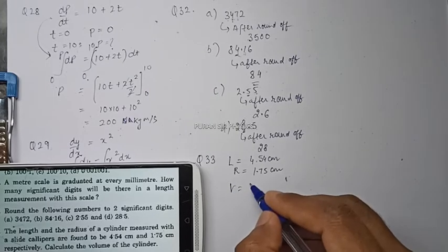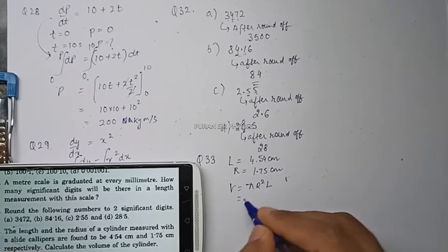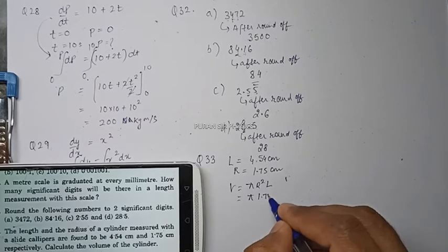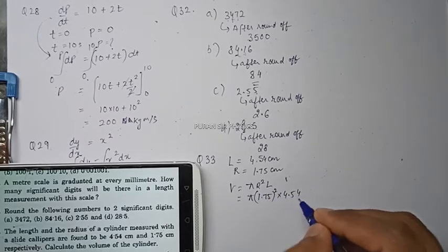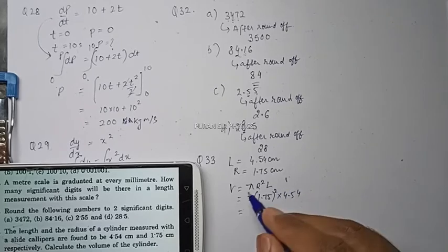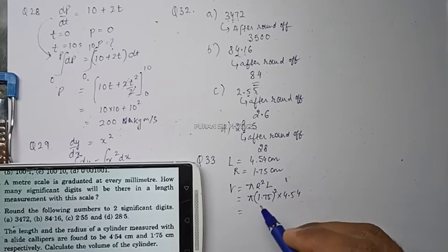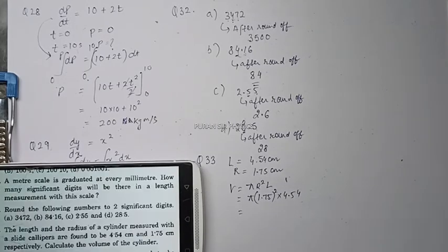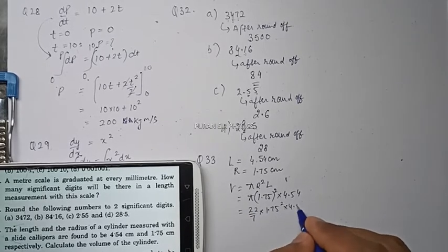So volume of a cylinder is pi r square into L, so it will be pi into 1.75 square into 4.54. Your answer should be in 3 significant figures because all of these are in 3 significant figures. So let us solve this: 22/7 into 1.75 square into 4.54.